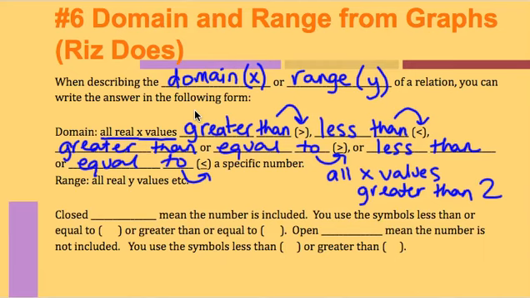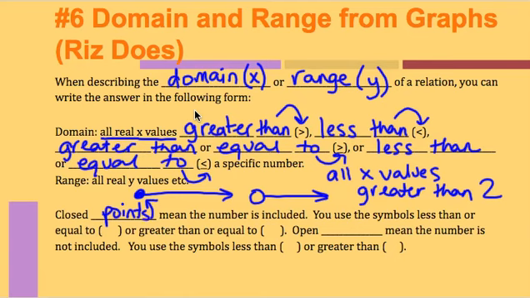Now we're going to be talking about some specific notation here. So I'm going to give you two examples to start off with, two images, so you can get an idea of what this looks like. So imagine you have an array like this. This one has a closed point. Now the only difference here is that this one has an open hole. So we're going to say closed points mean the number is included.